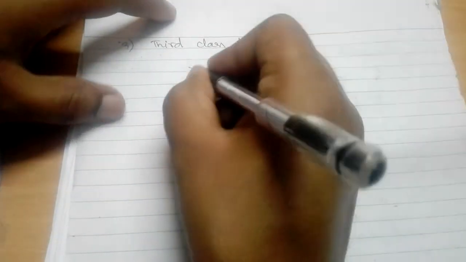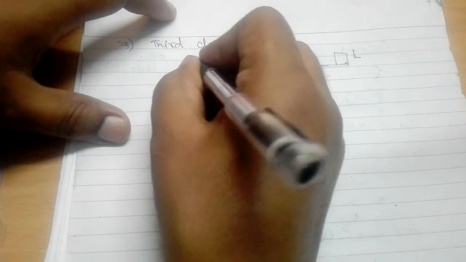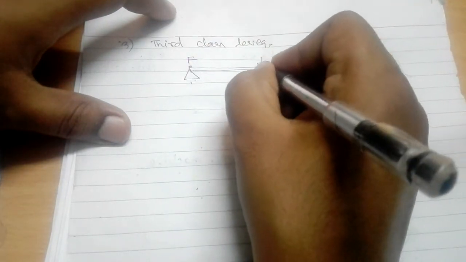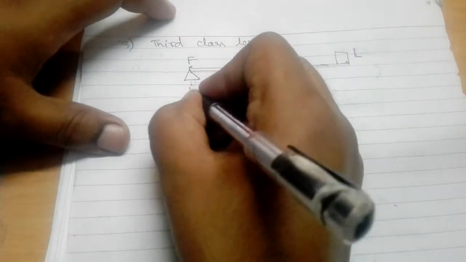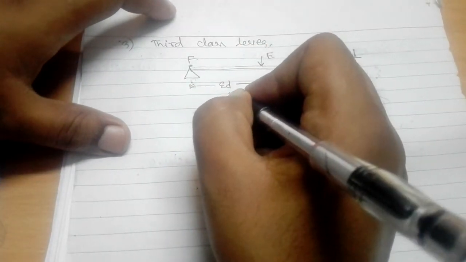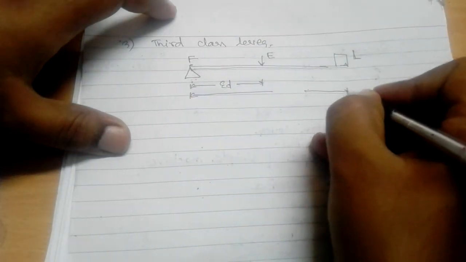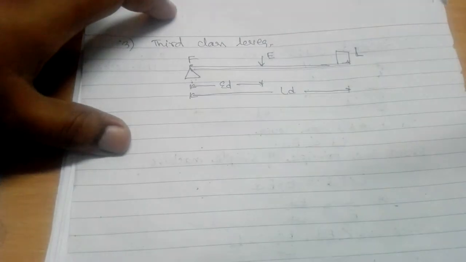In third class lever, fulcrum is here and load is kept at another end. Effort is applied in between. From fulcrum to effort, it is effort distance, ED, or effort arm, and from fulcrum to load, it is load arm, LD.